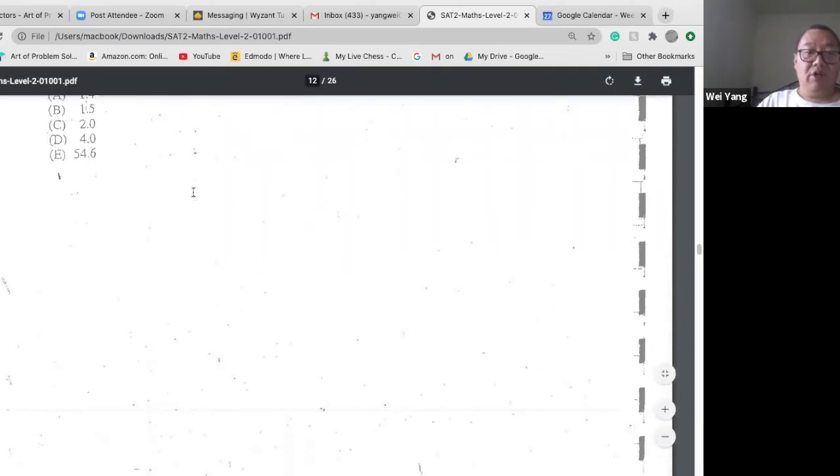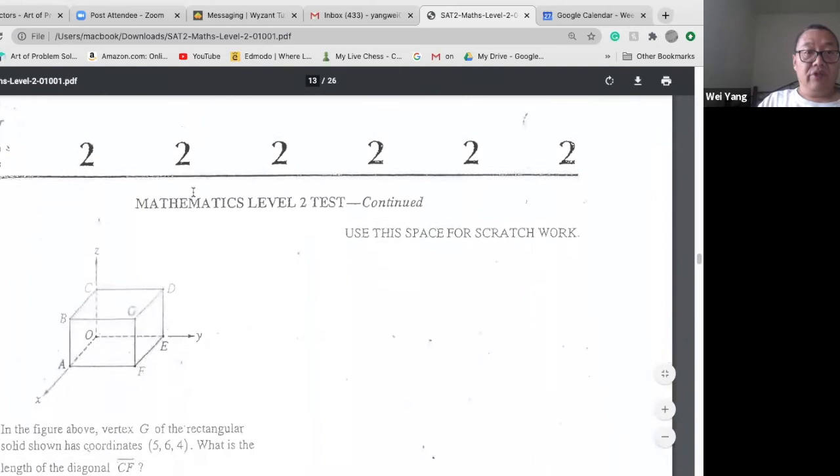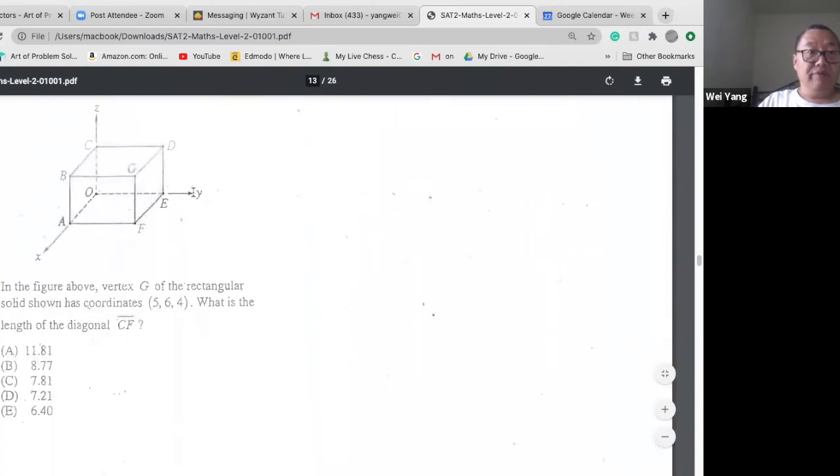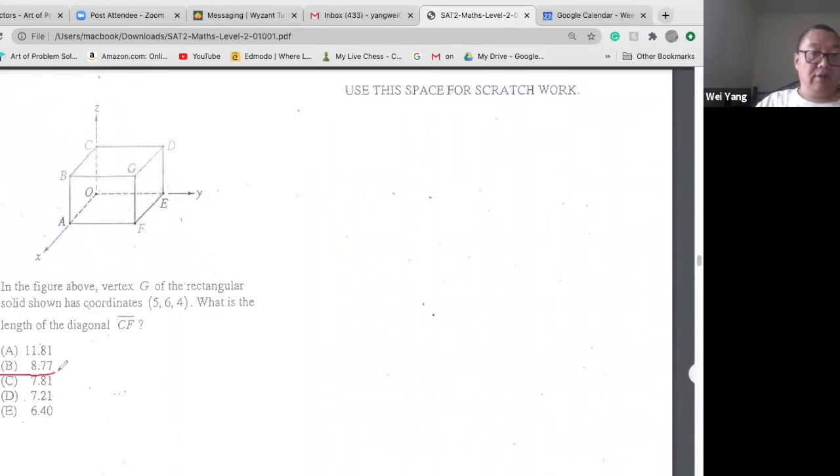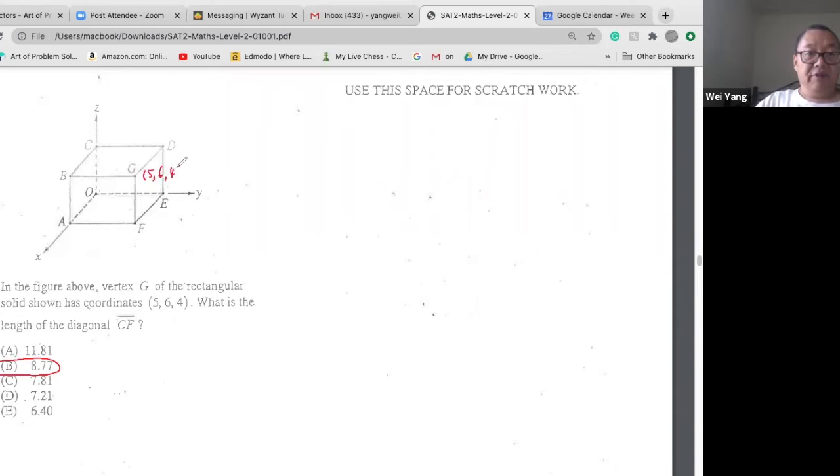Now let's see 20. What's the answer for 20? B. B. Now let's see this. What does it ask you? They ask you what is the length of the diagonal CF? They give you the dimensions of the solid, that's 5, 6, 4. So that means you just do 5 squared plus 6 squared plus 4 squared, then take the square root.